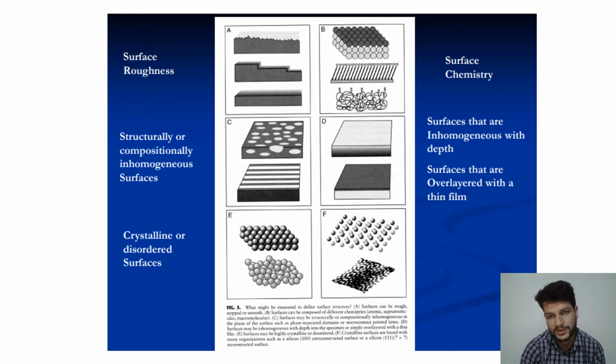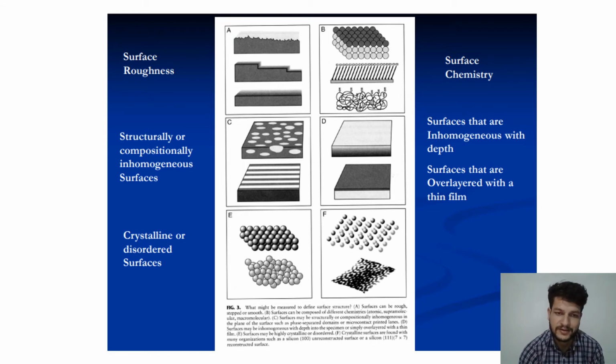And in part D it is shown that surfaces can be inhomogeneous with depth, that means at one layer the surface is homogeneous, all the atoms are homogeneous, but when we go in depth, the deeper layers are not homogeneous and do not correlate with the upper layer. It is also shown that surfaces may be overlaid with a thin film, for example a thin film of another material which has different properties, composition or structure.